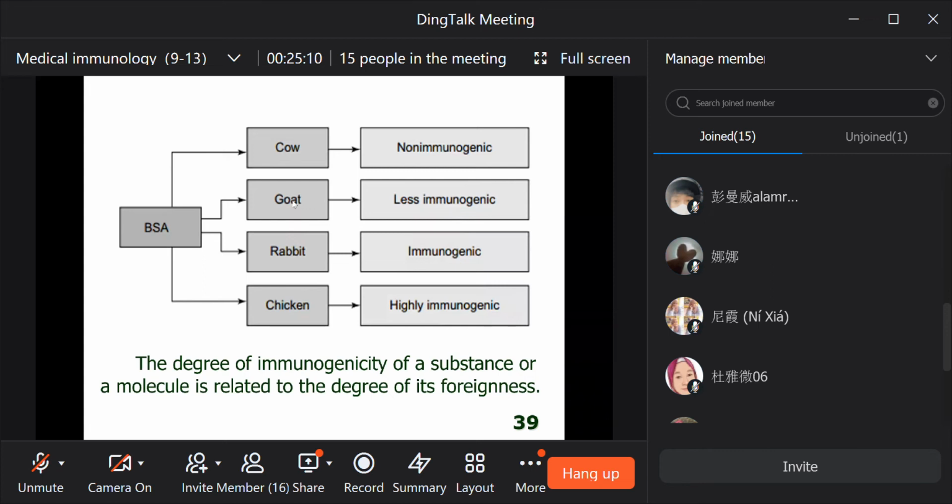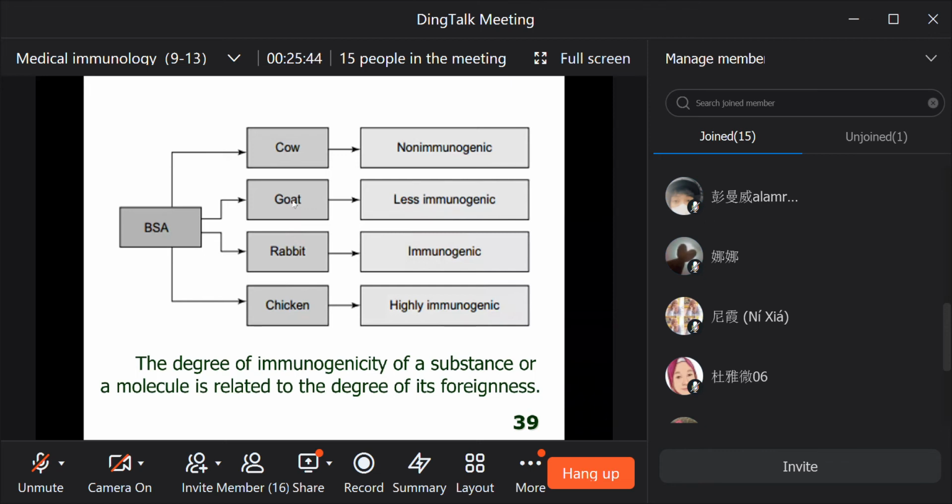Further, BSA shows greater immunogenicity in a chicken than in a goat, because the goat has a closer relationship to cattle than chickens do. So we should understand that the relationship between different animals plays a determining role in how foreign they are to each other.